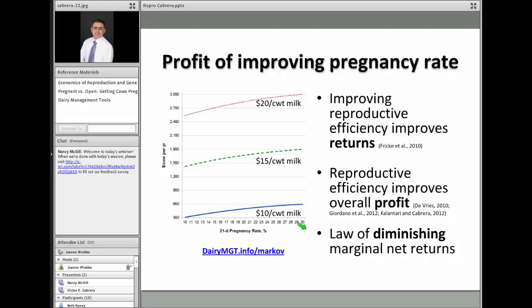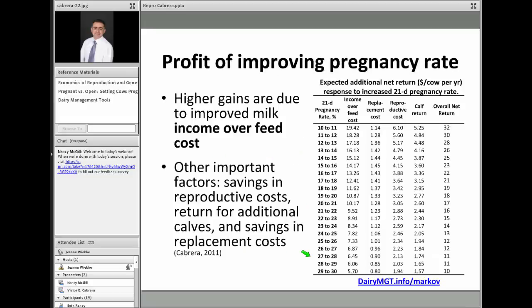How do we calculate this? Using the tool I showed you at the beginning, called the economic analysis of pregnancy rate, which is available at the MGT.info website. You have a link on the website as well.